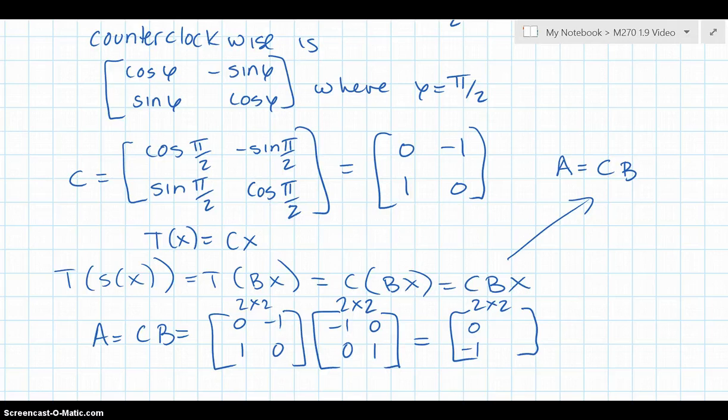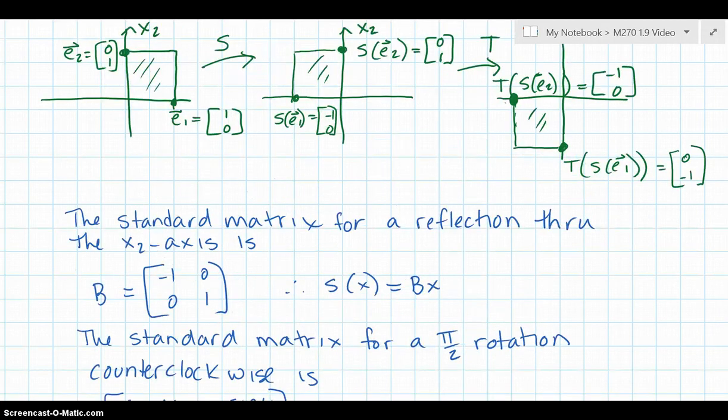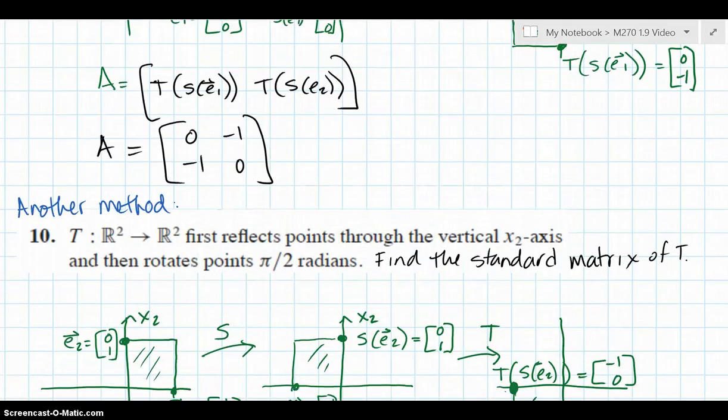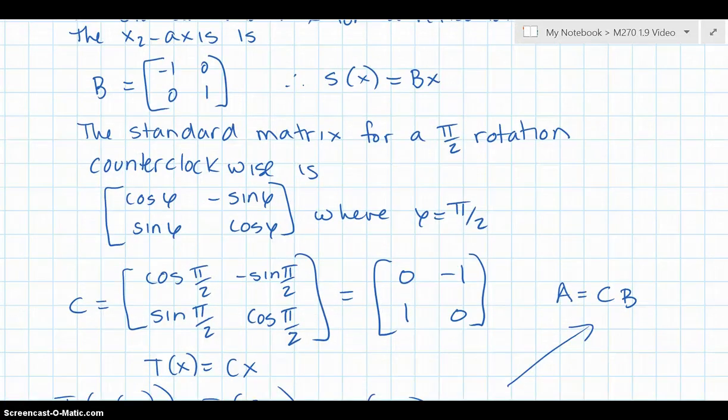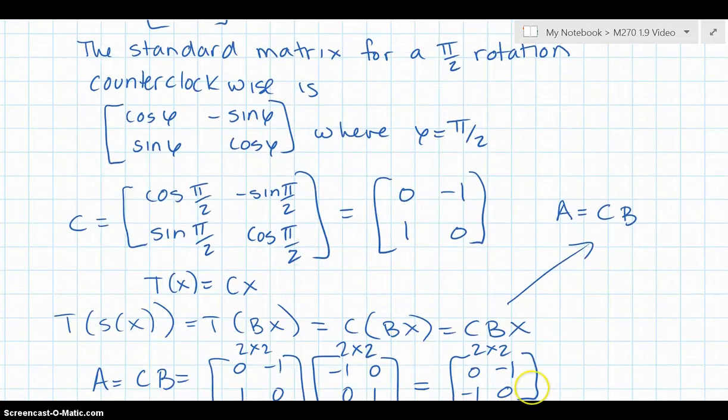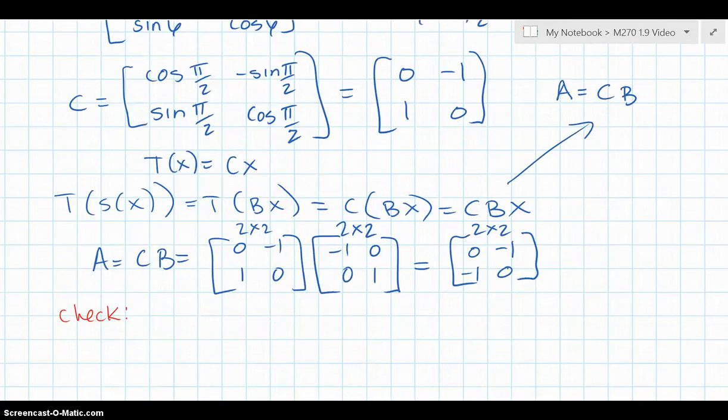So that would be, right, 0, negative 1. And then finally, the last one is the second row, second column. So that would give you the 0. Is that the same answer that we had? Let's look. There it is. Yep, it had negative 1s along that diagonal. It sure is.